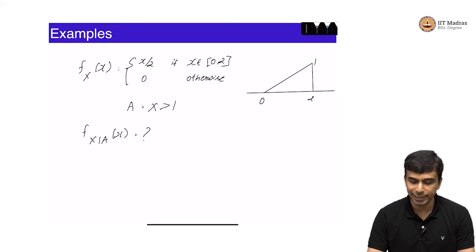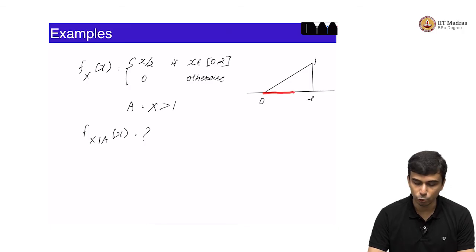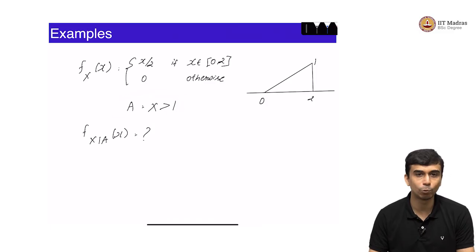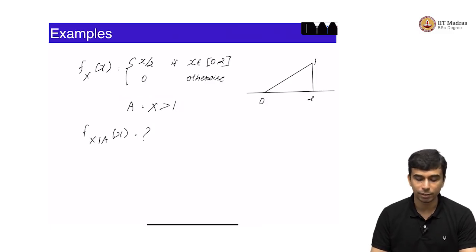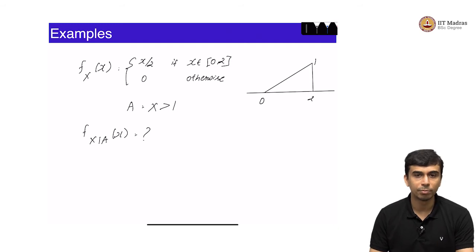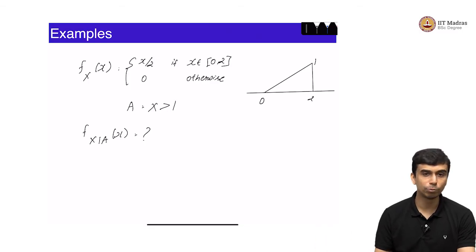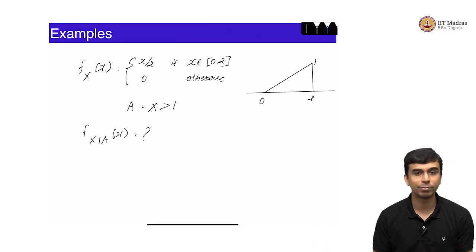You should know immediately that the value between 0 and 1 has to go to 0, because you have observed already that X is greater than 1. The density of the random variable X in the range of 0 to 1 has to become 0 now. But between 1 and 2, what is going to happen? Between 1 and 2 it has to increase.